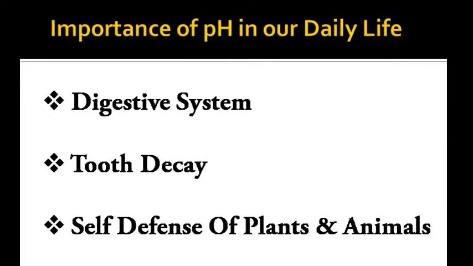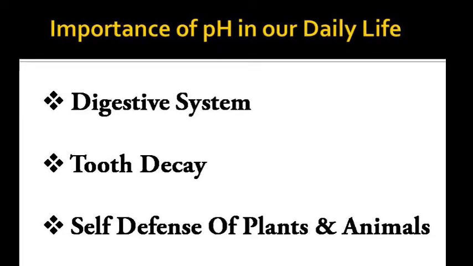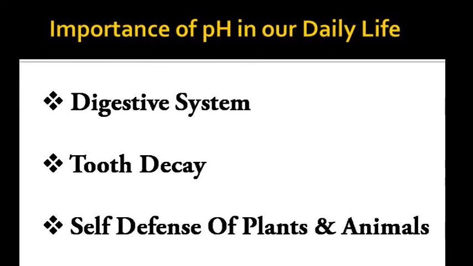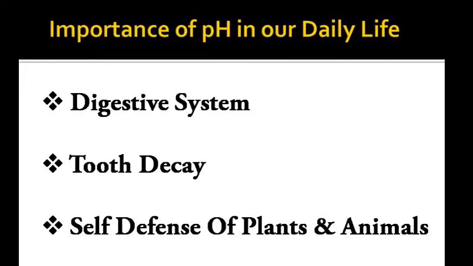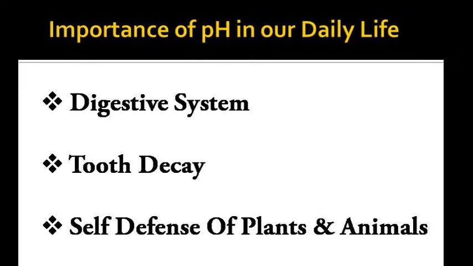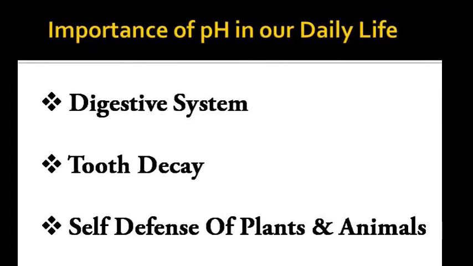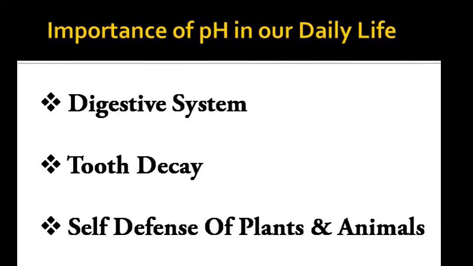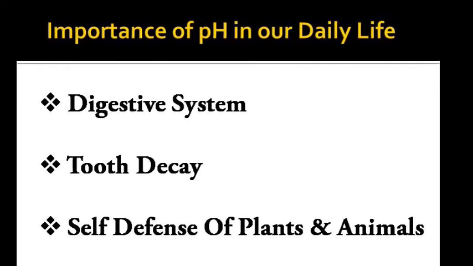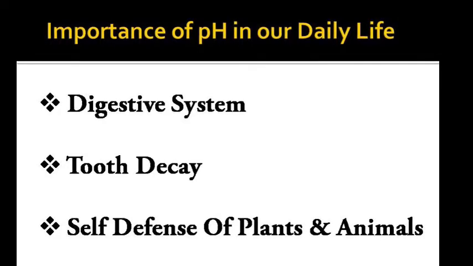Now let us understand the importance of pH in our daily life. There are a lot of chemical reactions in our surroundings or in our body taking place. So we need to analyze whether they are acidic or basic, or what is the relation of those particular things with pH value.